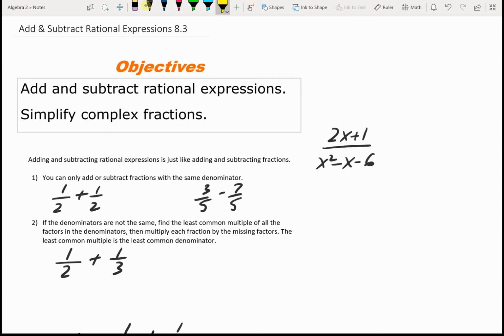Because the denominator is the same, I can just add the numerators. So 1 plus 1 is 2, so this will be 2 over 2. The denominator stays the same. So 1/2 plus 1/2 is equal to 2 halves, and 2 halves equals a whole.